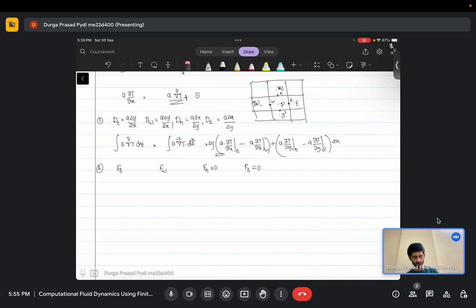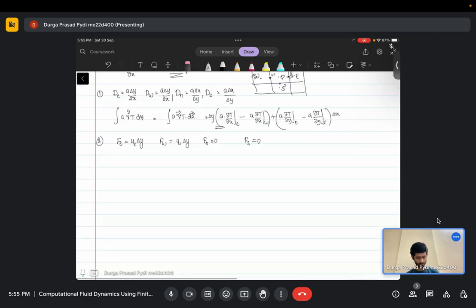Along east and west, it will be u east times the area. On the east face your area will be delta y, and similarly for the west one it will be u west times delta y.